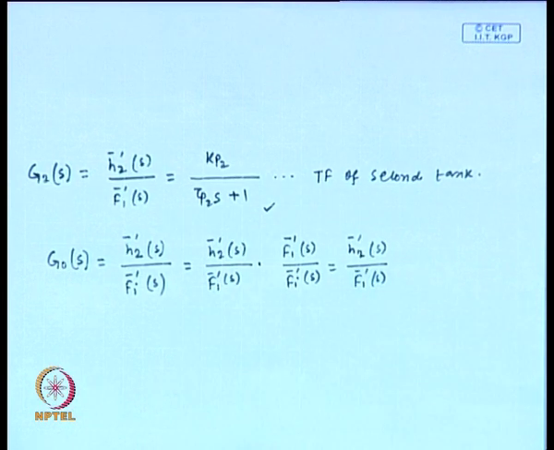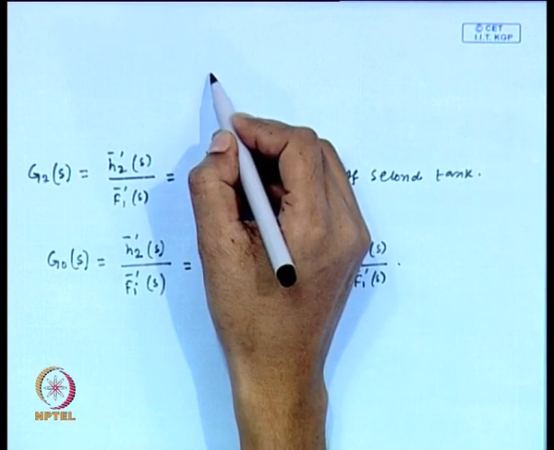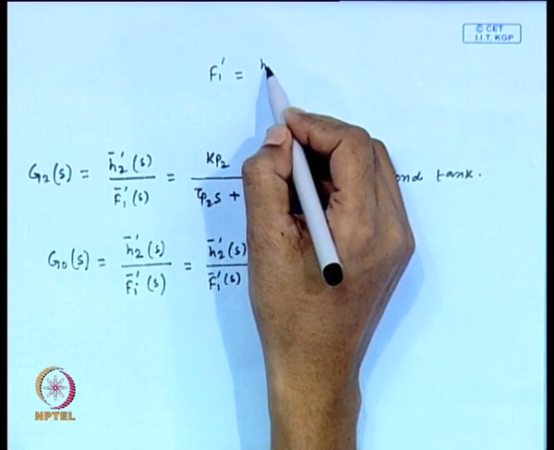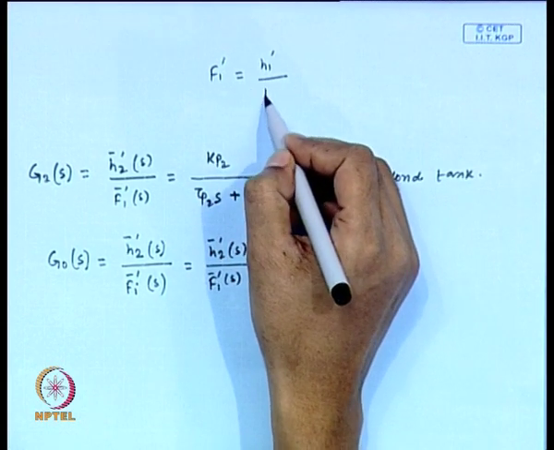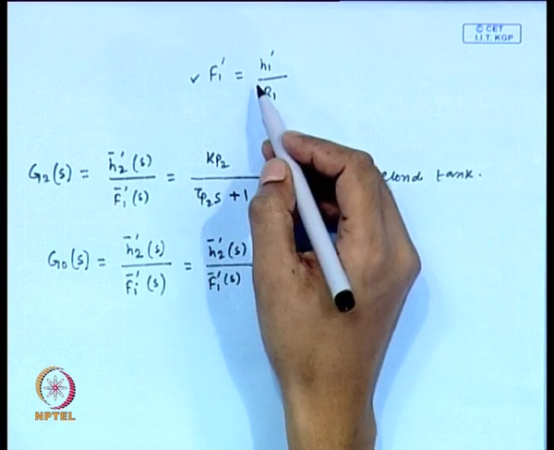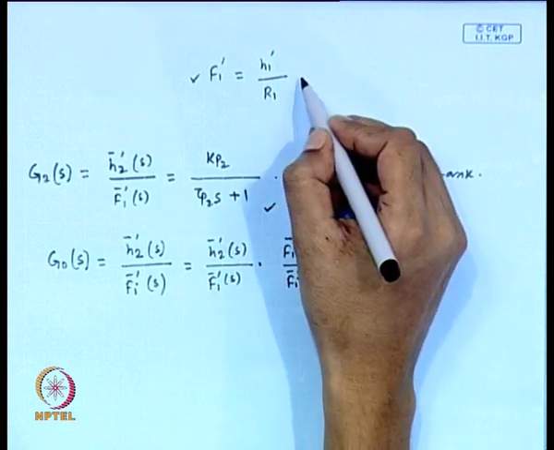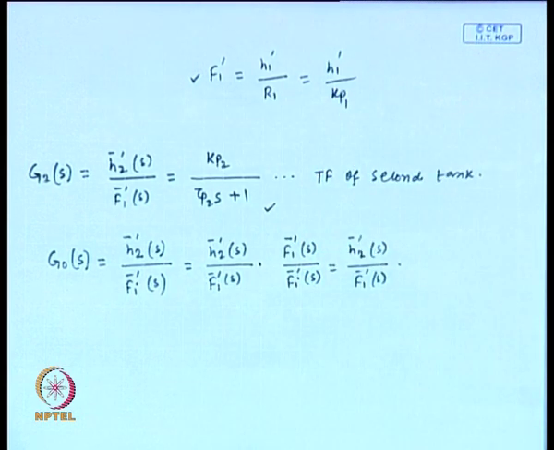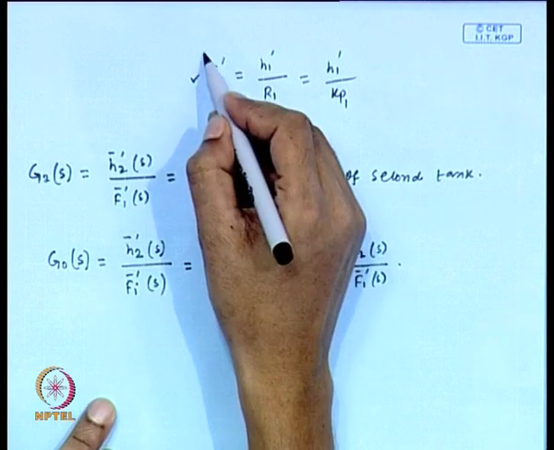This is nothing but the transfer function of tank 2. And what is F1 bar prime(s)? We know F1 bar equals H1 bar divided by R1. For tank 1, we have considered this correlation, F1 bar equals H1 bar divided by R1, that means H1 bar divided by Kp1. Can we write this?